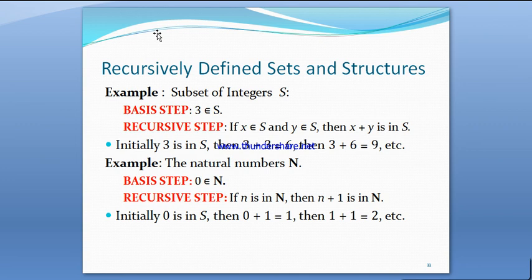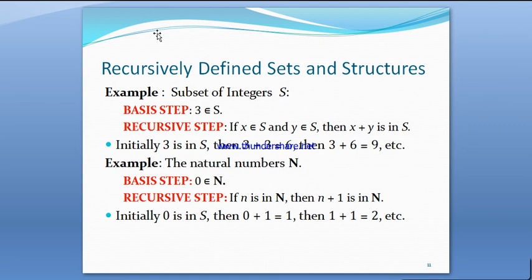So according to this recursive rule, if initially 3 belongs to S, then 3 plus 3 equal to 6 must be in S. Then again 3 plus 6 equal to 9 must also be in the set S. So like this, the subset of integers S can be defined recursively.